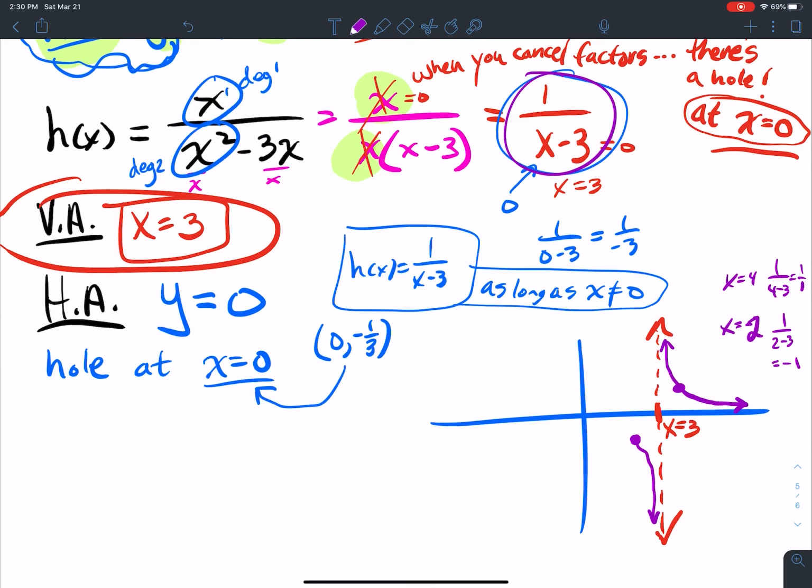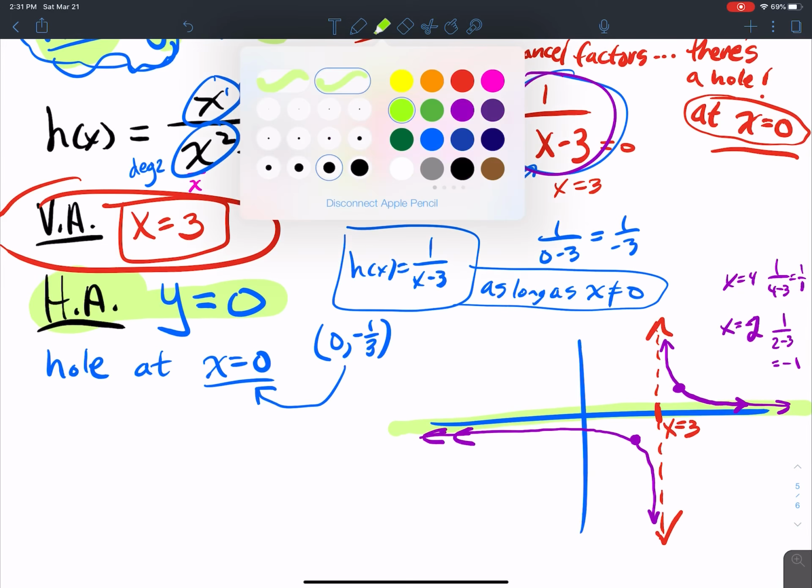Now, what do I know about this graph? I have a horizontal asymptote at y equal to 0. Okay. So we're getting really, really close to y equals 0 at infinity, but we're not getting there.